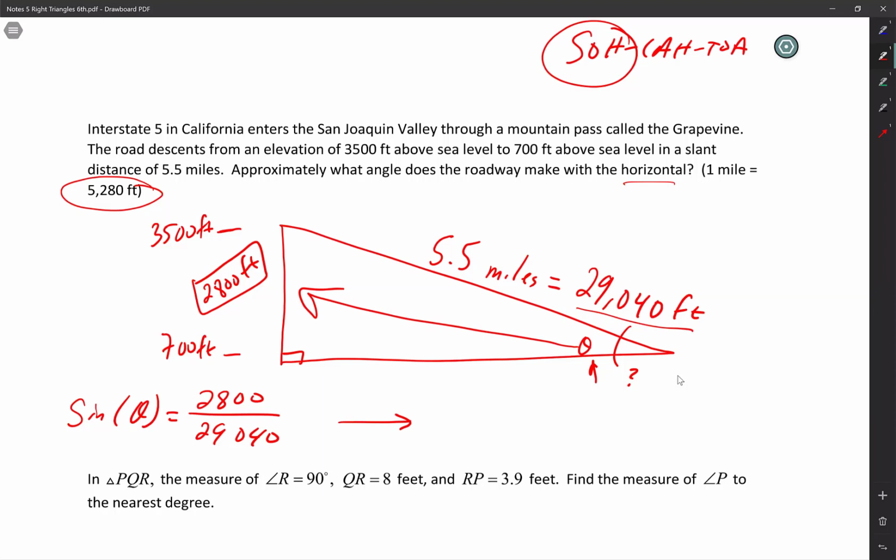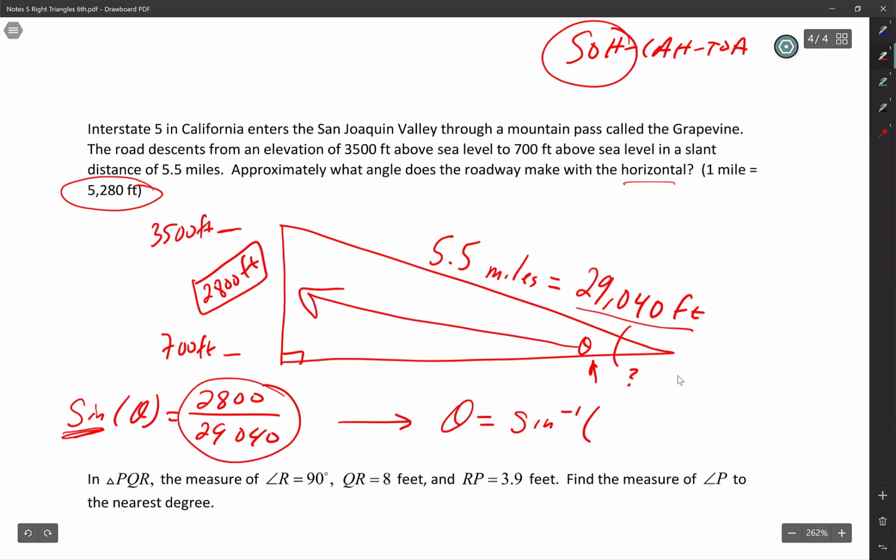I don't want sine theta, I want theta. The only way to get theta by itself is to take the inverse of it. That's the only way you can get rid of that sine. So theta has to equal inverse sine of 2,800 over 29,040. And there it is. I got my theta.